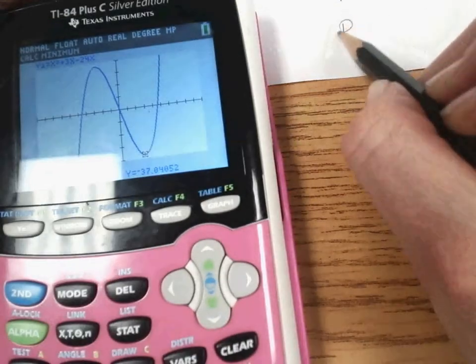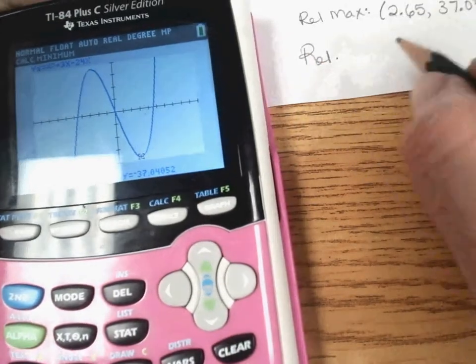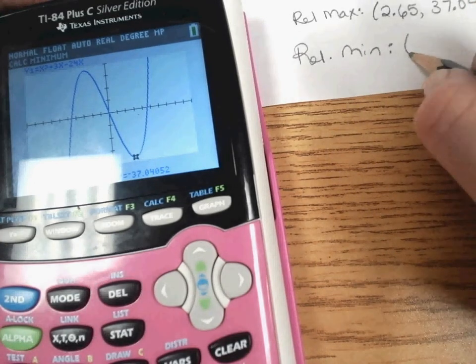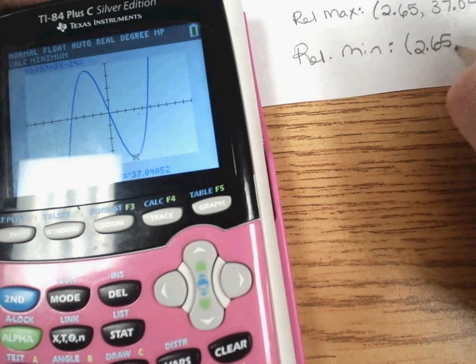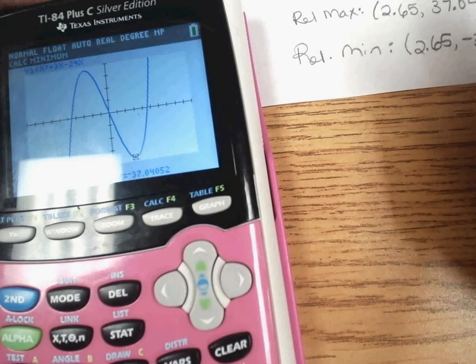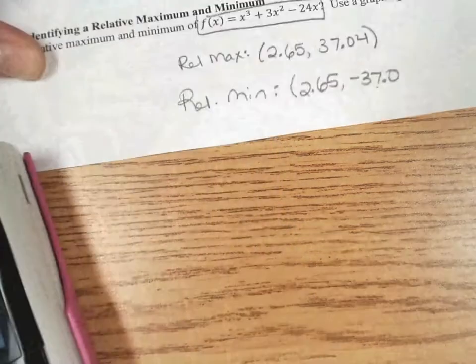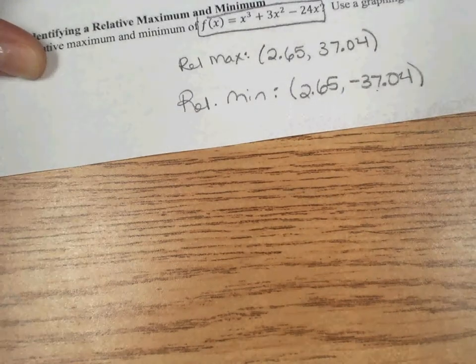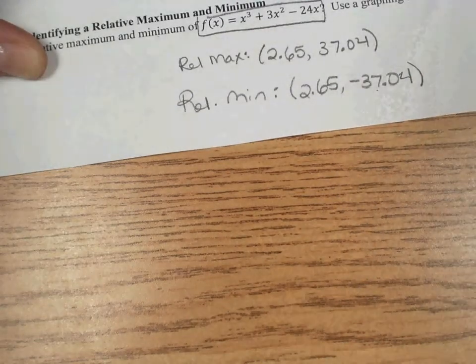And it gives us our minimum. So our relative minimum is 2.65, comma, negative 37.04.